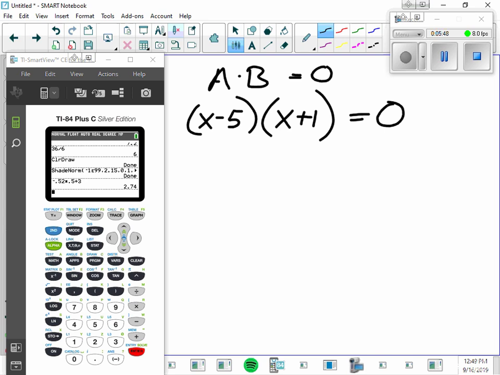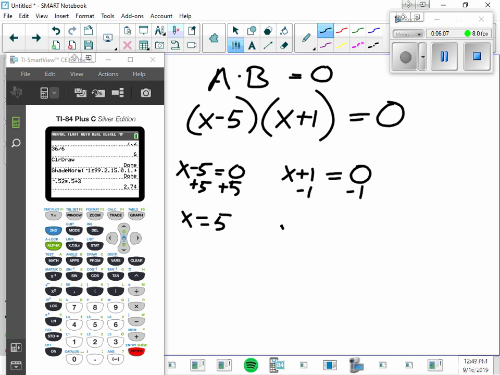And you need to show your work like this. X minus 5 equals 0. X plus 1 equals 0. I solve the first one by adding 5, and I get x equals 5. I solve the second one by subtracting 1, and I get x equals negative 1. So those are the answers, 5 and negative 1.